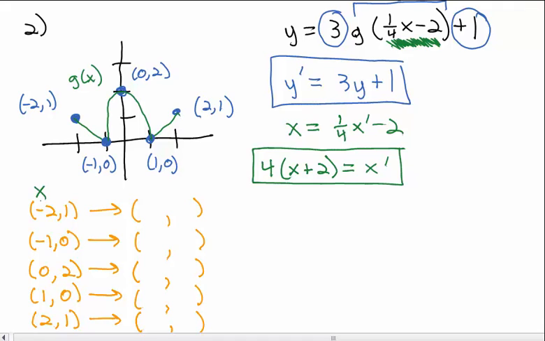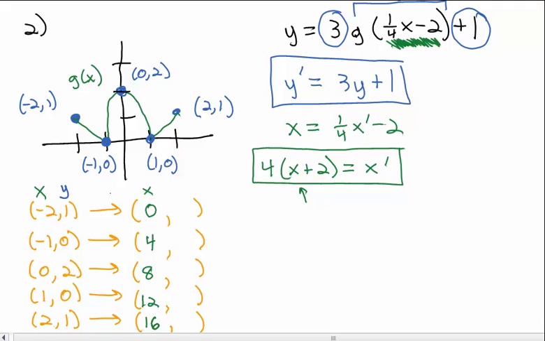We said order of operations, we have to add 2 and then multiply by 4. So negative 2 plus 2 is 0, times 4 is 0. That's our new x. Negative 1 on the second point, plus 2 is 1, times 4 is 4. 0 plus 2 is 2, times 4 is 8. 1 plus 2 is 3, 3 times 4 is 12. And 2 plus 2 is 4, times 4 is 16. Those are our new x values.